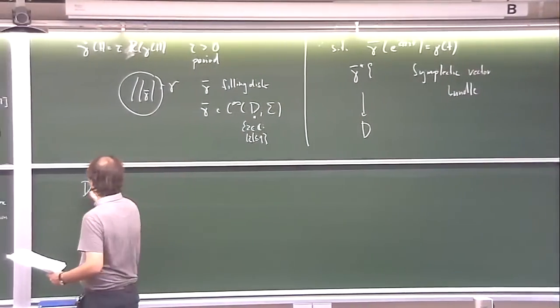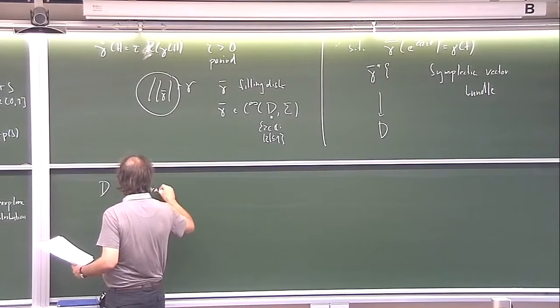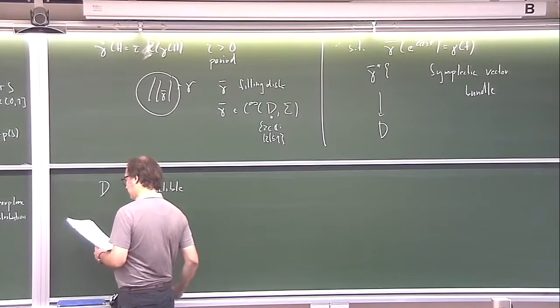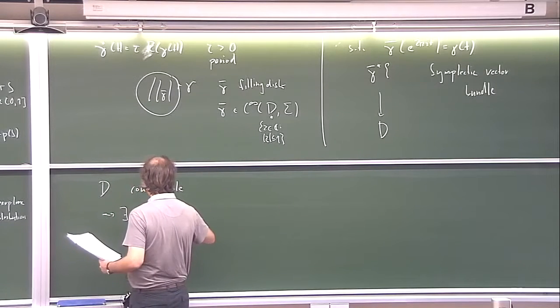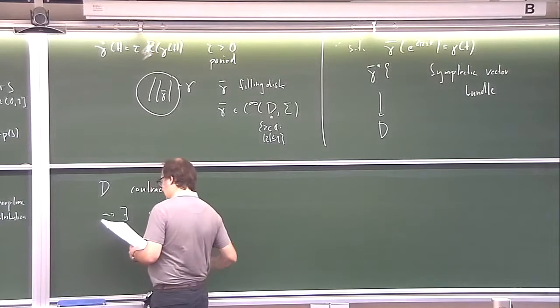So D is contractible. So therefore there exists a symplectic trivialization.